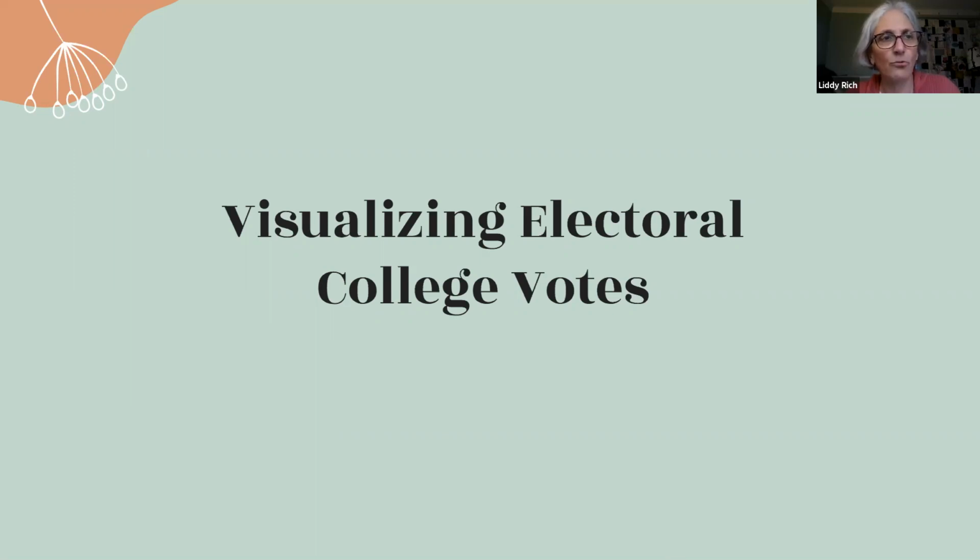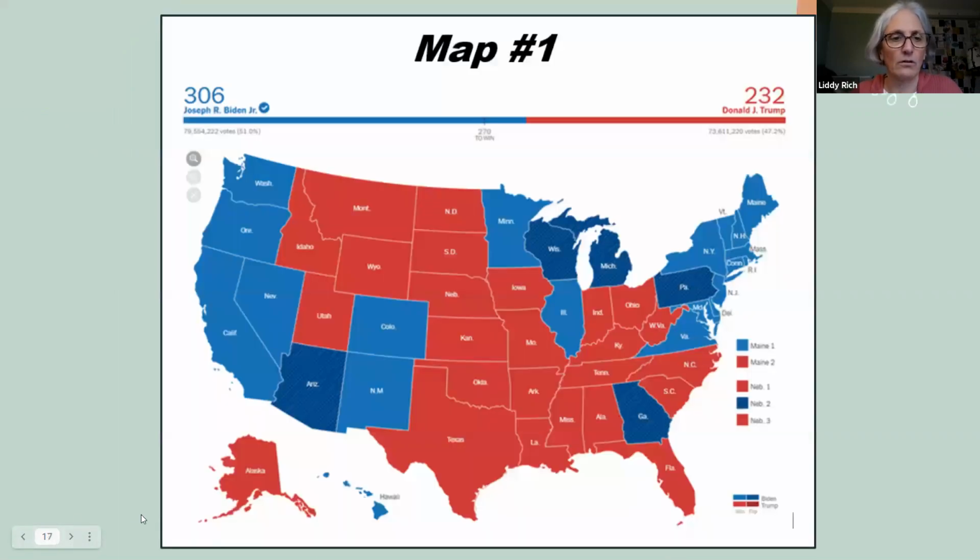They had a great series of maps about the Electoral College. And if you grew up in the United States, or those of us that have been living here for a long time, you're probably familiar with the Electoral College map that looks like this. That shows all of the states and all of the colors, the red and the blue.